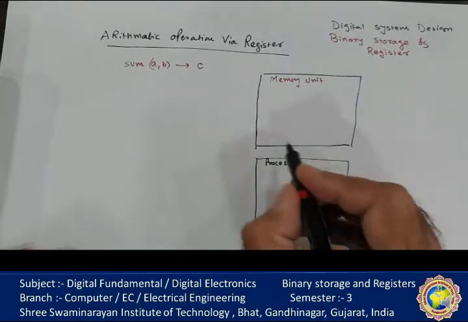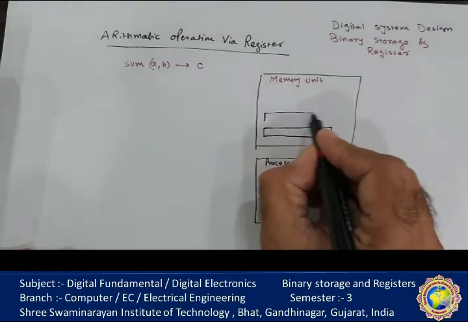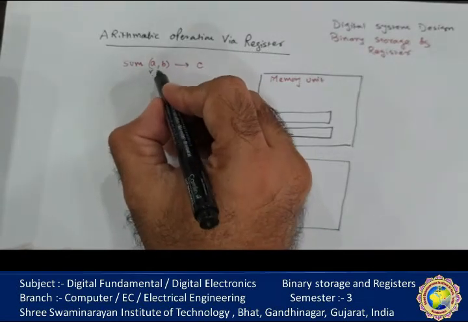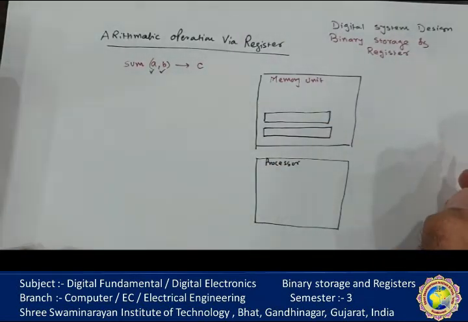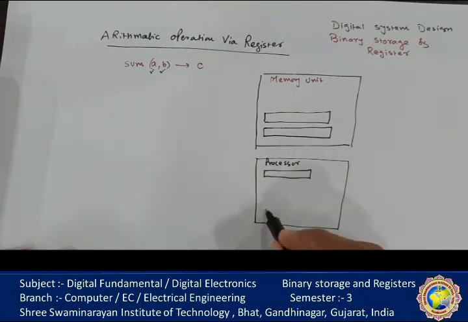The memory unit first stores two pieces of information, operand 1 and operand 2, which the processor unit temporarily takes here.